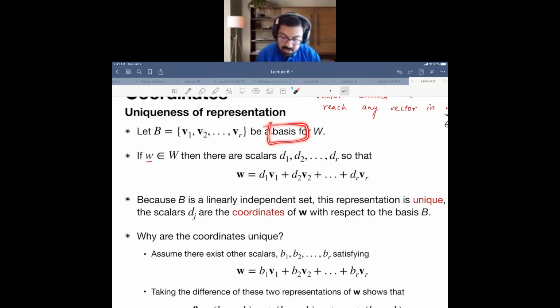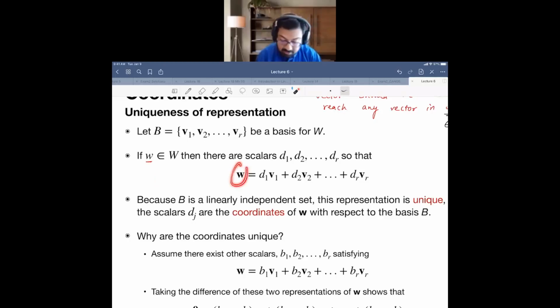Why? Because it's a basis. If this set is a basis, then I should be able to reach anywhere in my subspace by taking a linear combination of these vectors. So I'm just considering one arbitrary vector here in the subspace.